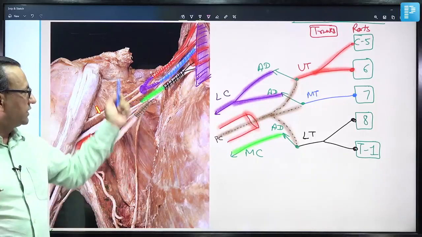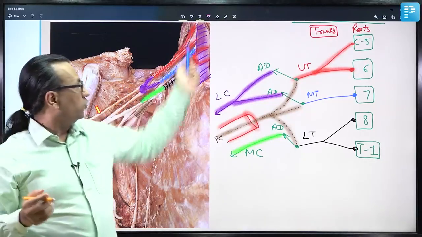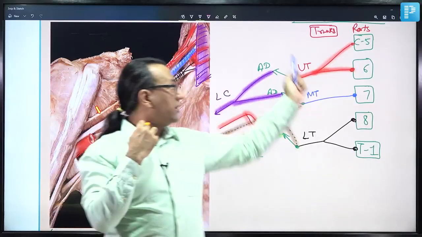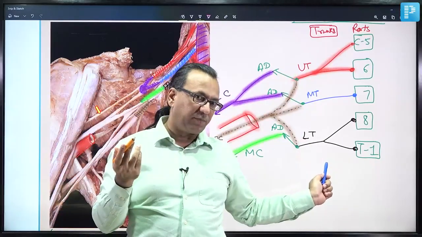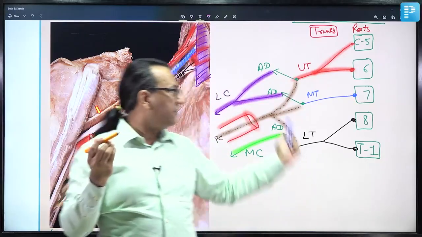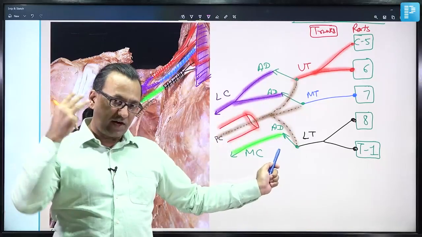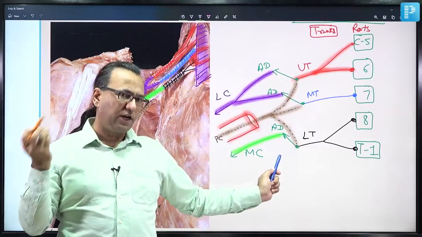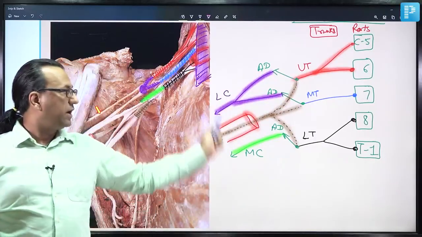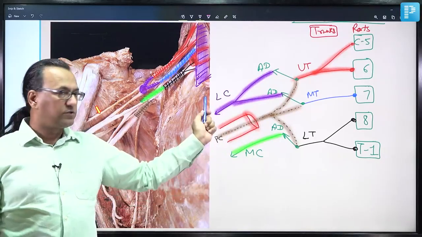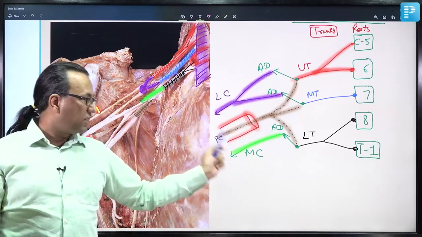Okay, so let us quickly revise here. How many roots we have? We have 5 roots of brachial plexus in the neck region. How many trunks we have? We have 3 trunks of brachial plexus in the neck region, upper, middle, lower trunk. And how many division? We have 6 division, 3 anterior, 3 posterior division, passing behind the bone clavicle. And how many cords we have? 3 cords of brachial plexus named according to their relation with the axillary artery, lateral to the artery, medial to the artery, or behind the artery.